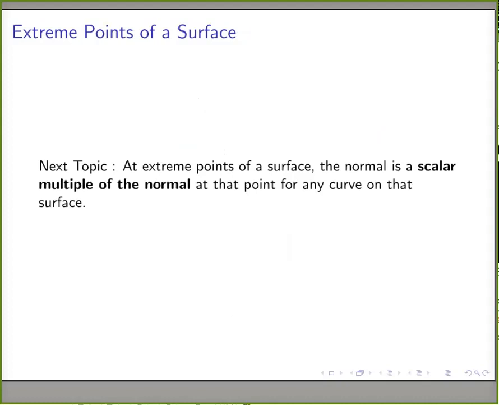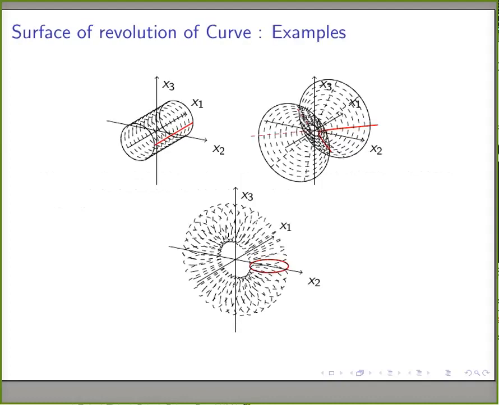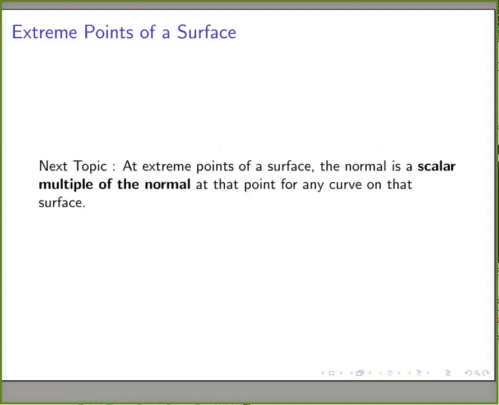Now, in the next video, we will be seeing a theorem which suggests that suppose there is a surface and it has an extreme point. If you take this torus, there are points which are extreme. If you draw a line from the origin, there is no point further from that point. You can think of that as an extreme point for simplicity.